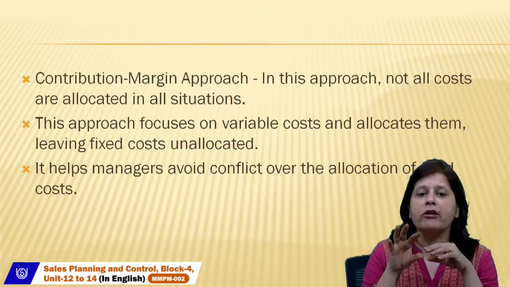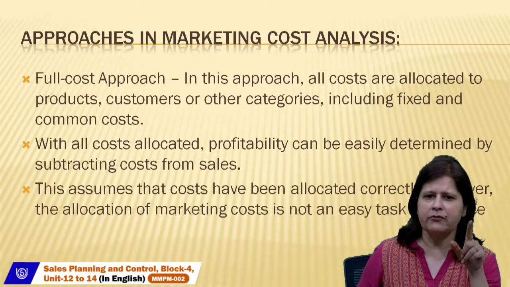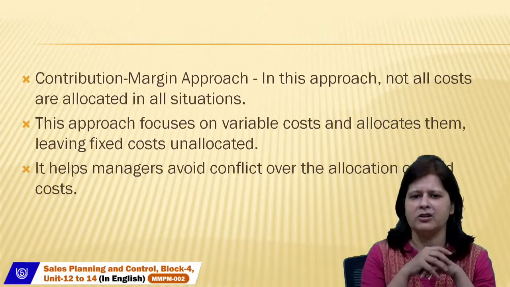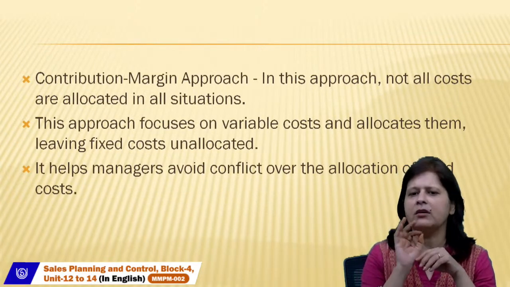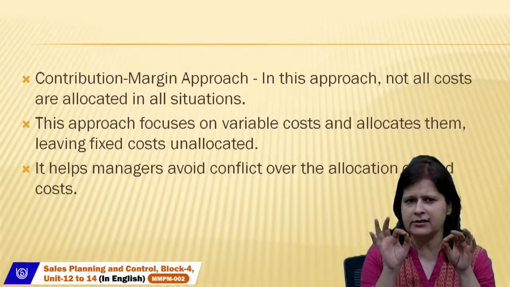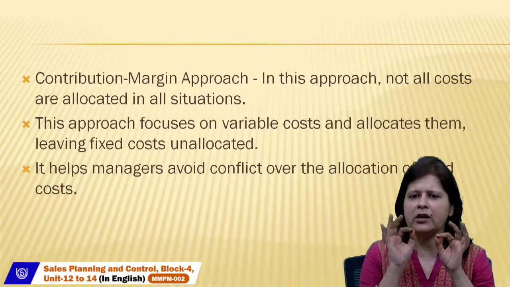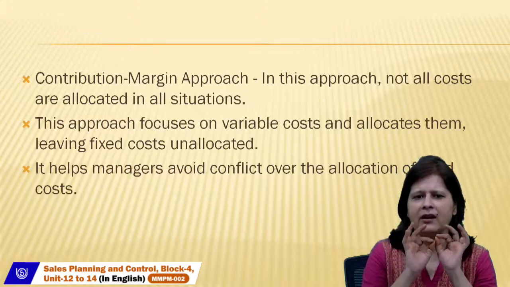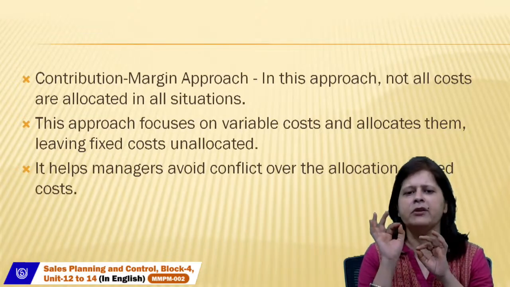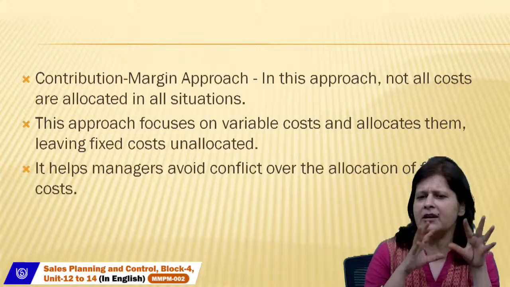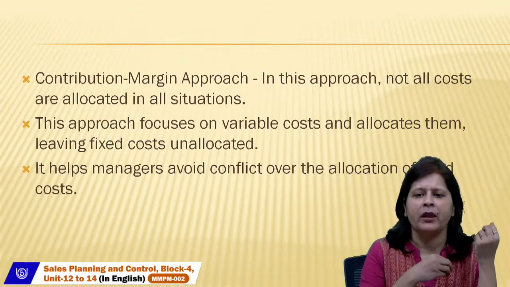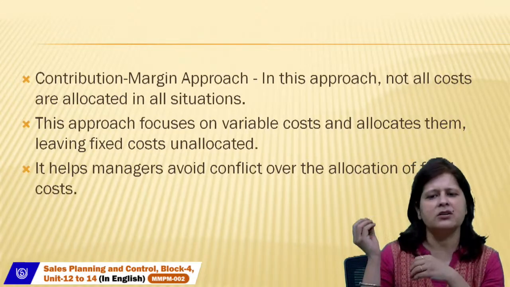Then the contribution margin approach. That was the full cost approach, then the contribution margin approach. In this approach, not all costs are allocated in all situations. This approach focuses on the variable cost and allocates them, leaving the fixed cost unallocated. That means there are certain fixed costs, like machinery cost or building cost.